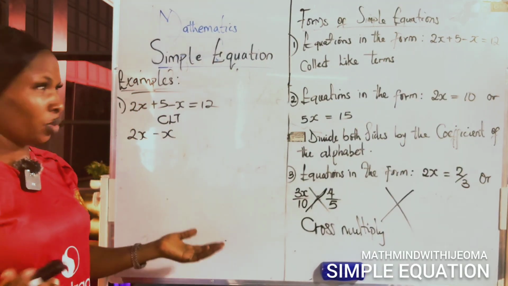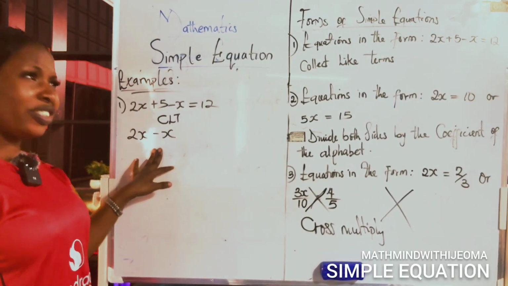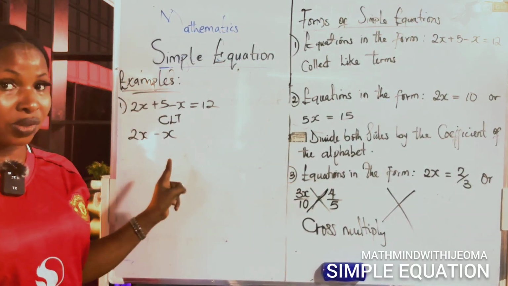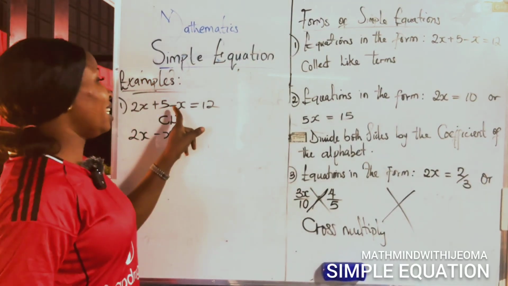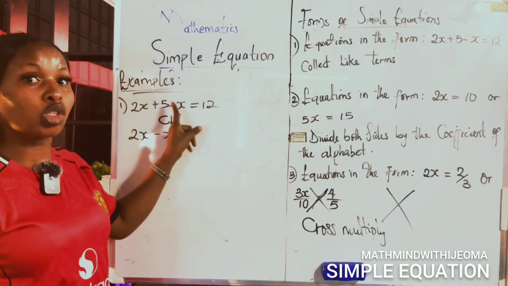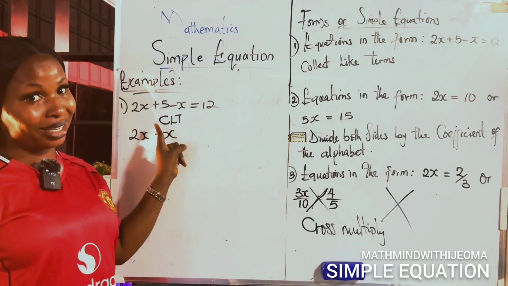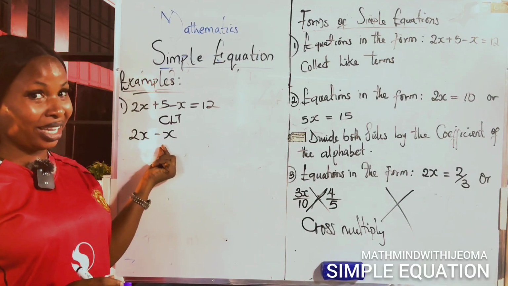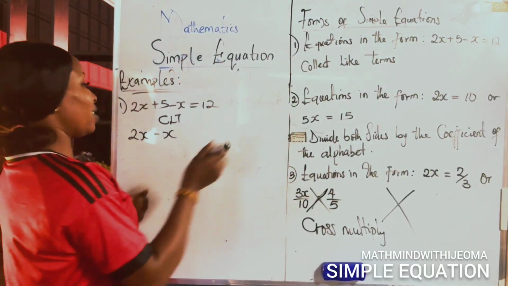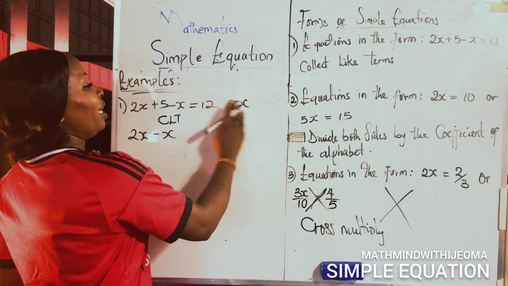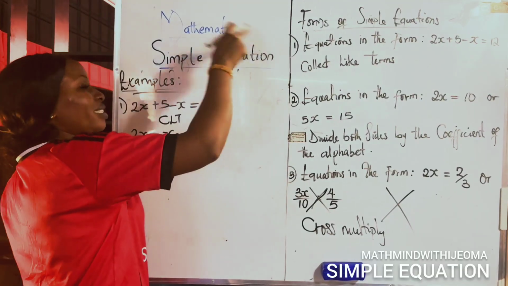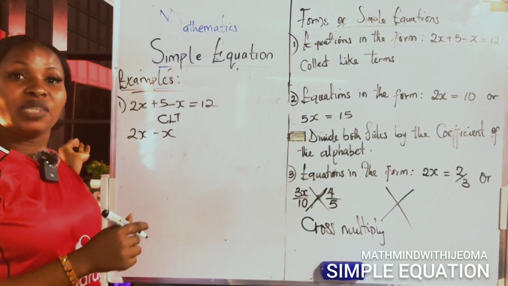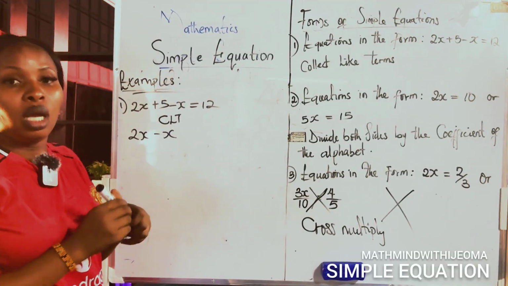Somebody might be confused. My teacher used to say plus x instead of minus. Now, this x here did not cross the equality sign. That's why it's remaining negative. But assuming this x was here, minus x, that means if it crosses the equality sign to come to the left-hand side, it becomes positive.